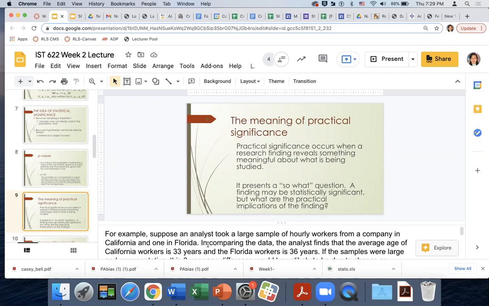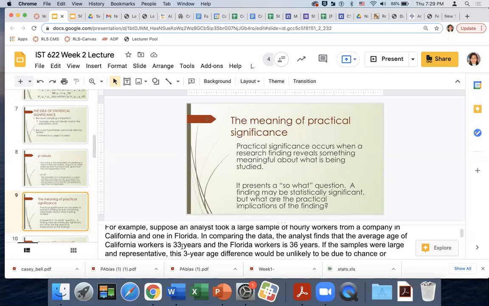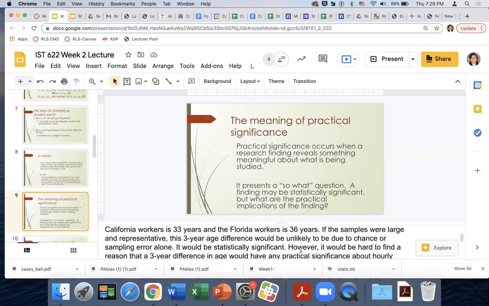And after comparing that, you find out the average age of California workers is 33 years and the Florida workers is 36. And this turned out to be statistically significant because your sample size is really large and representative. But the question is, is the 3-year difference really due to chance by sampling error alone, or is it really that meaningful, right?